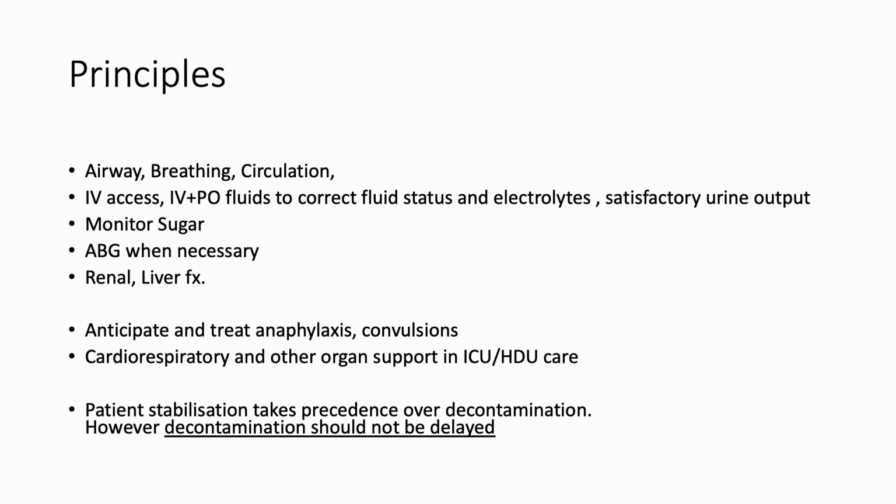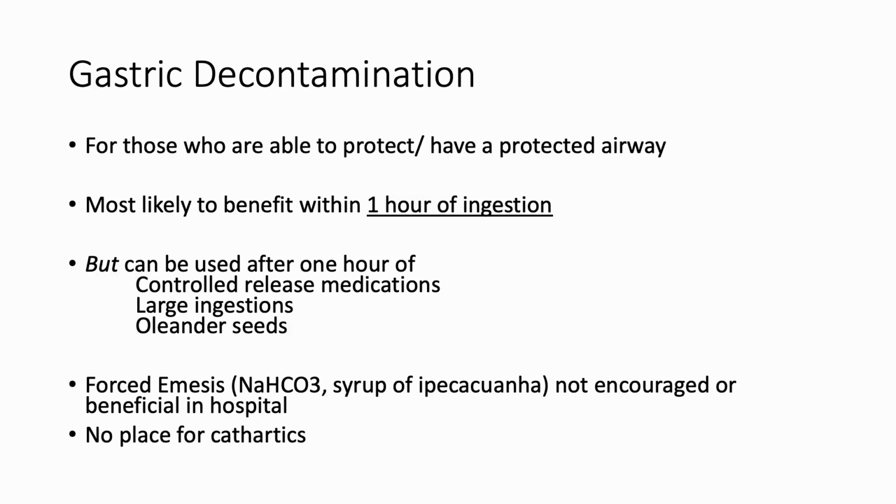You have to always stabilize the patient, because there is no point in washing the patient or getting the stomach contents out if you are losing the airway, breathing and circulation. By that time the patient would have succumbed, and all your effort will be in vain. But remember, decontamination should occur simultaneously with stabilization. It should happen together, and it should certainly not be delayed.